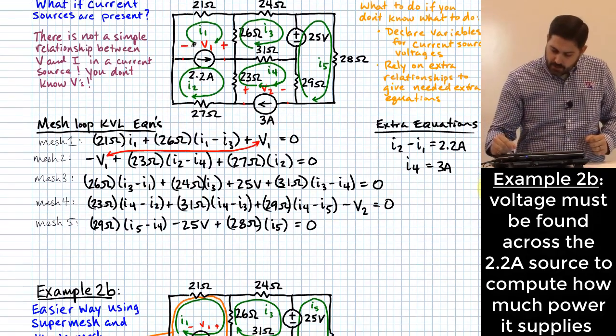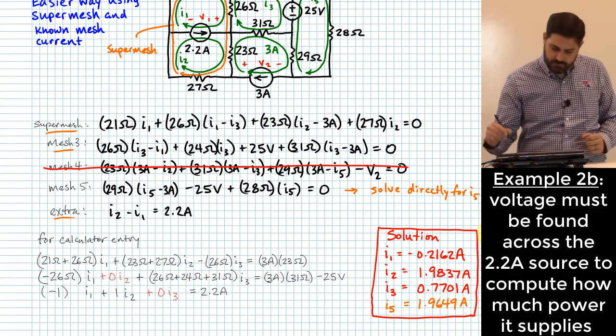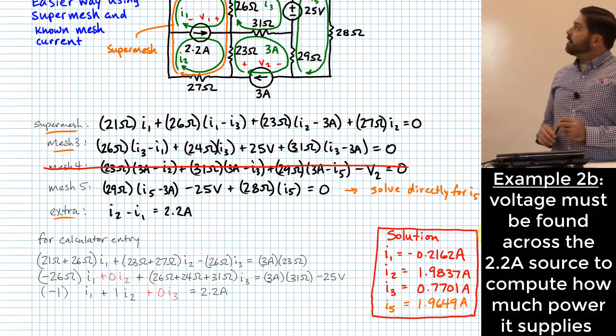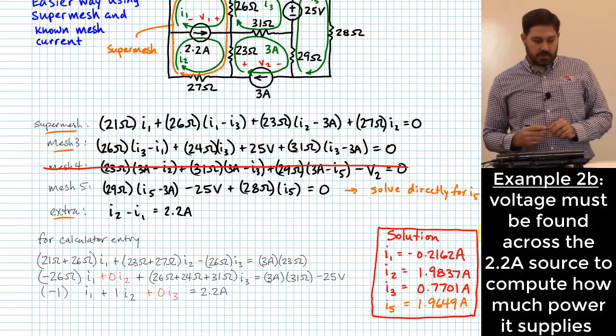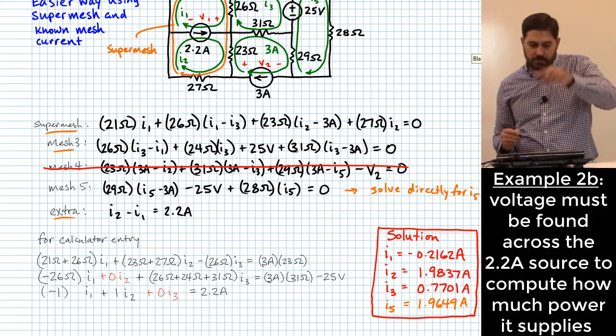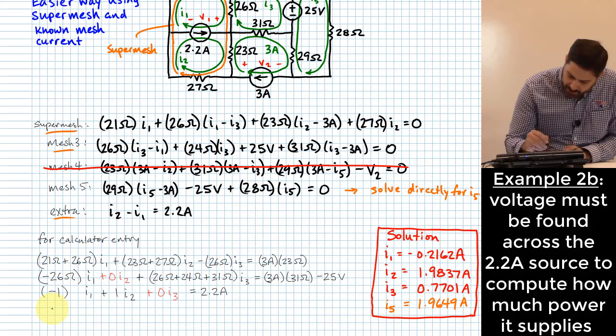How do I find V1? I need to pick a loop somewhere. The one that makes sense to use is loop 2, because if I sum voltages around that loop, what I have is minus V1.